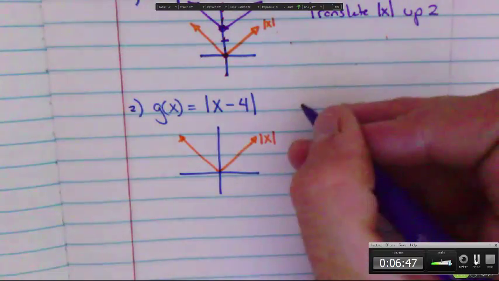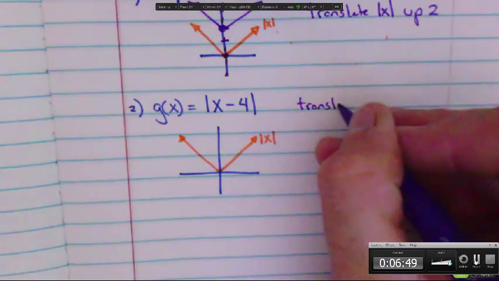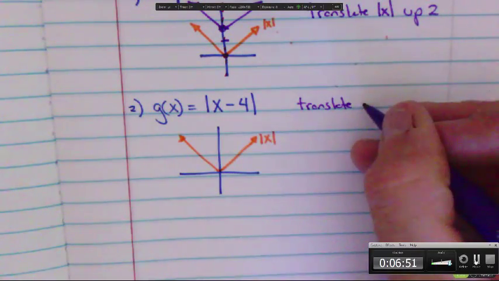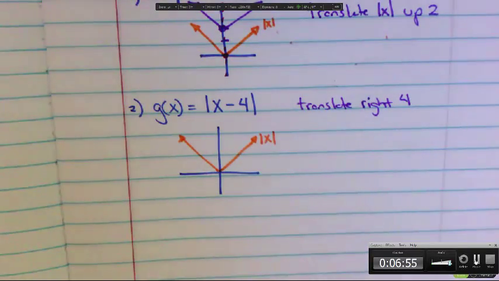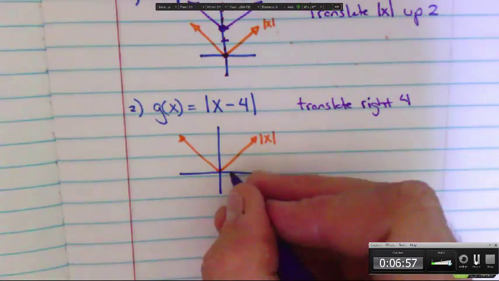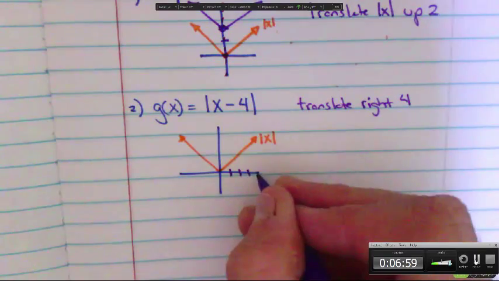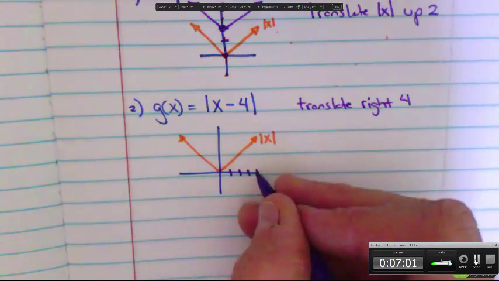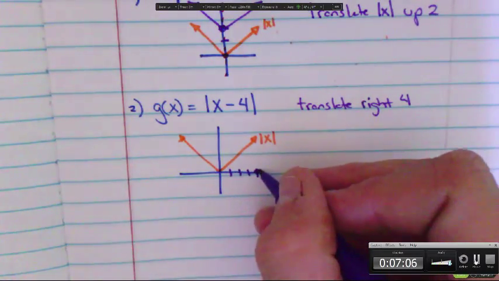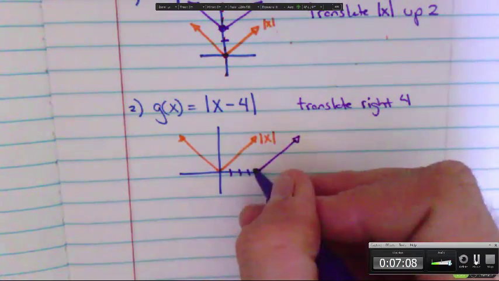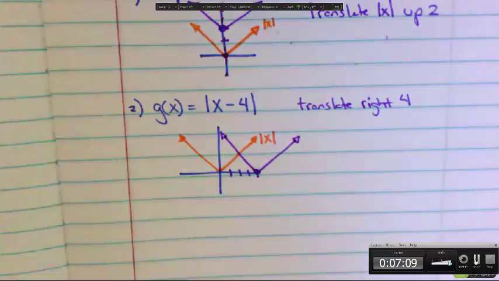So that's still a translation rule. And when it's a subtraction, it's a translation to the right 4 units. So it's going to be the exact same picture, but we're going to shift everything to the right 4 units. So instead of being at the origin, we're now going to be at 4, 0, and then all of the other points will follow suit.